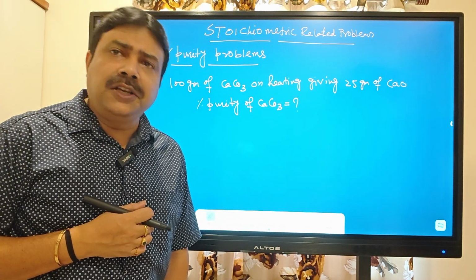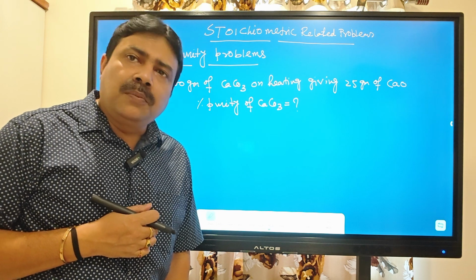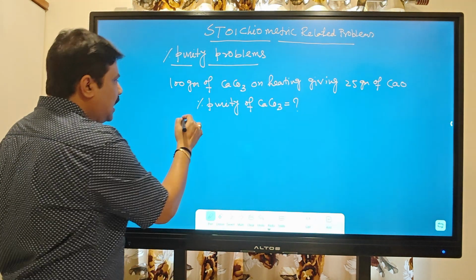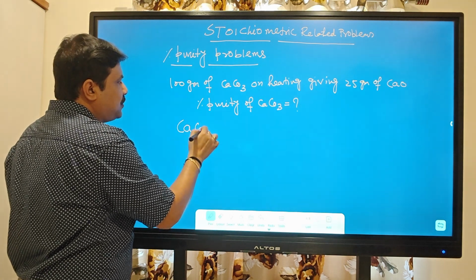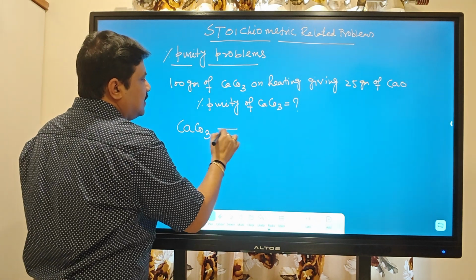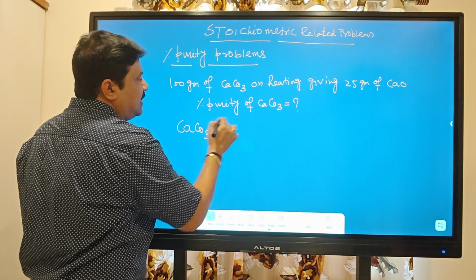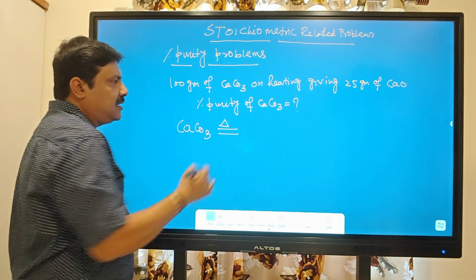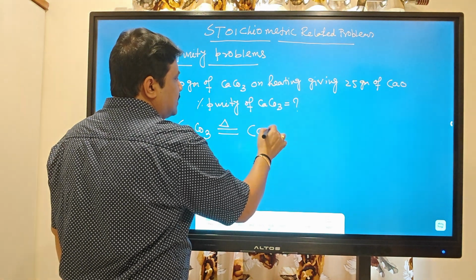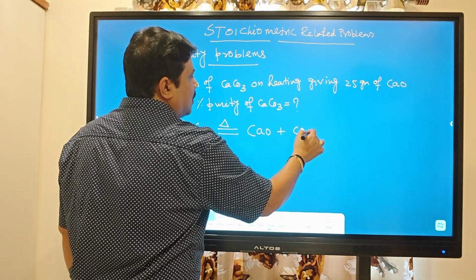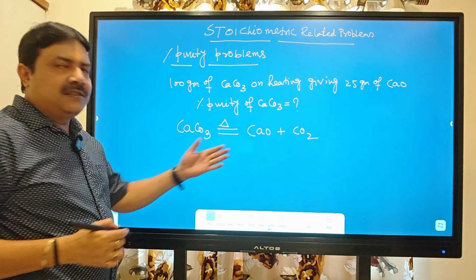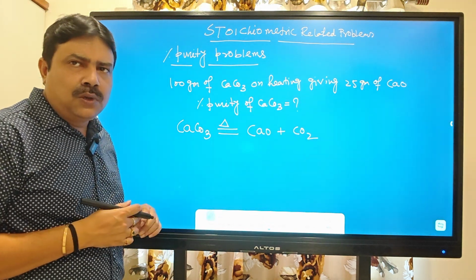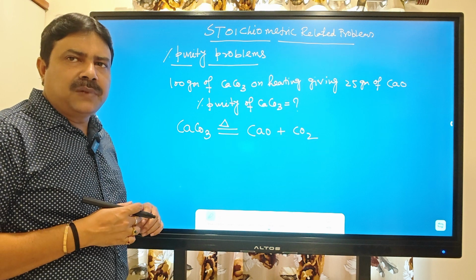Calcium carbonate on heating, what products will it give? Everybody knows calcium carbonate is limestone, very famous in 10th standard. On heating, this delta sign in chemistry means heating, calcium carbonate produces calcium oxide plus carbon dioxide. You can see automatically this is a balanced reaction. I hope you know from 10th standard how to write the balanced chemical equation by trial and error.